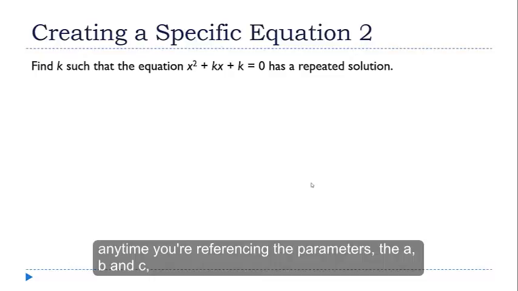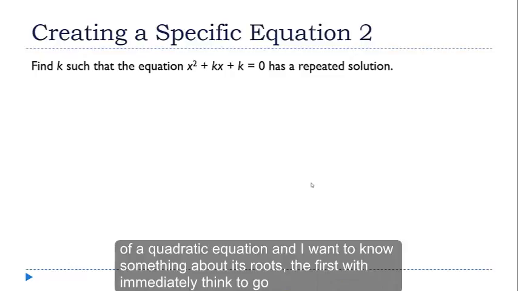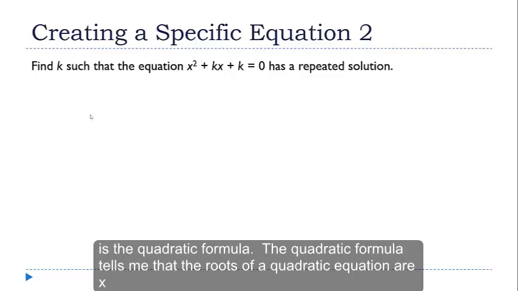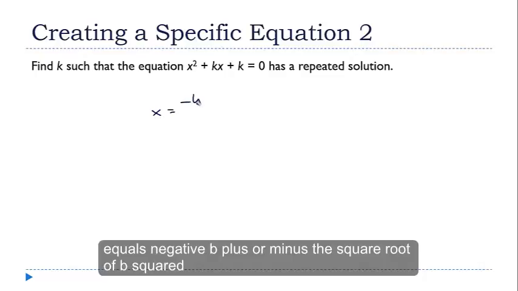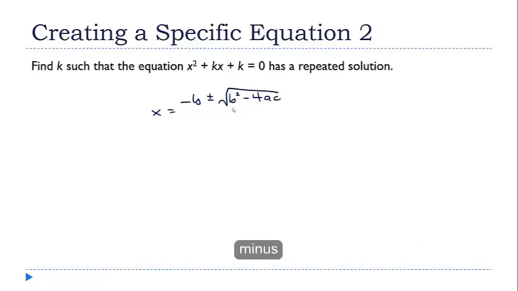anytime we're referencing the parameters, the a, b, and c of a quadratic equation, and I want to know something about its roots, the first place I immediately think to go is the quadratic formula. The quadratic formula tells me that the roots of a quadratic equation are x equals negative b plus or minus the square root of b squared minus 4ac over 2a.